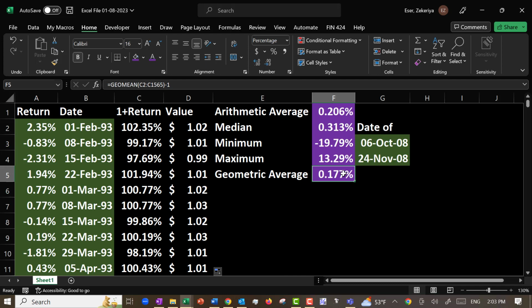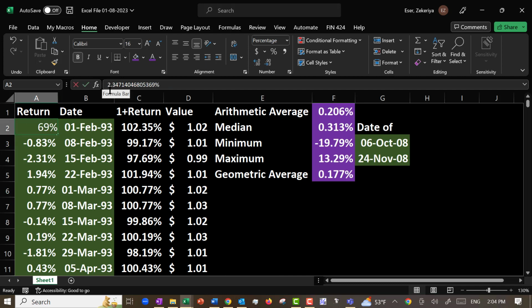Arithmetic mean or arithmetic average is what's the return on a typical week. Or if I picked from this list of weeks randomly, on average, what would be the return? The other one is kind of a compound return. Now, geometric average is also not as robust, but more robust than arithmetic average.